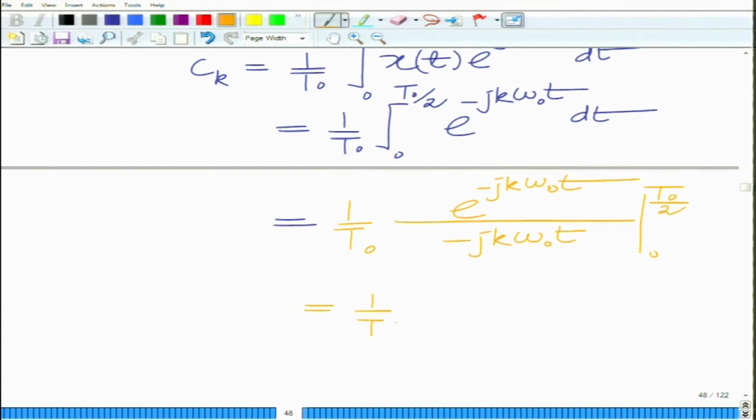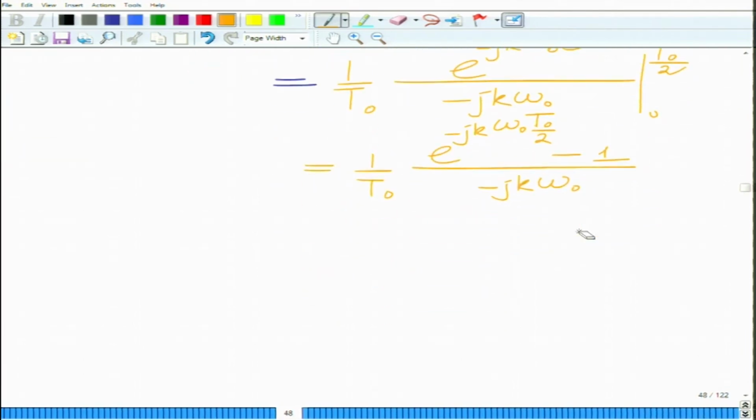Which is 1 over T naught, e raised to minus j k omega naught T naught over 2 minus 1, divided by minus j k omega naught. I am sorry, this has to be minus j k omega naught. Okay. And now realize that we have omega naught equals 2 pi by T naught, which implies omega naught T naught equals 2 pi.